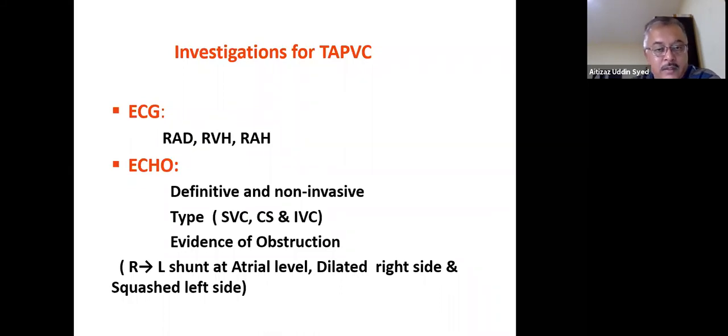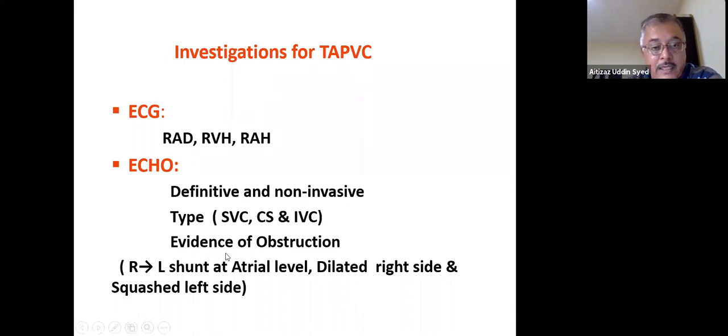A good echocardiologist can tell you almost all that you need to know about a TAPVC. Very rarely we have to resort to other modalities. But remember, if you're not sure, then ask for further investigations, other radiological imaging, so that the anatomical features are clear to you.